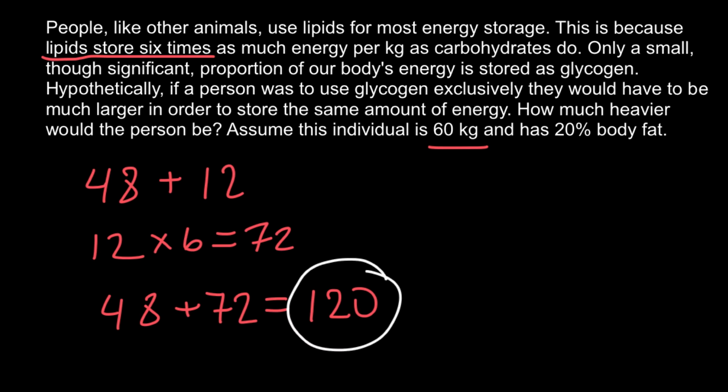So as you see, we need glycogen for immediate access to energy, and we also need fat as a long-term energy source. Otherwise our body weight would be too heavy for us to be competitive in this animal world.